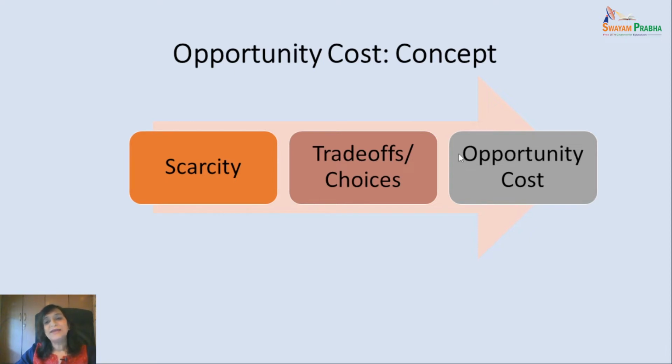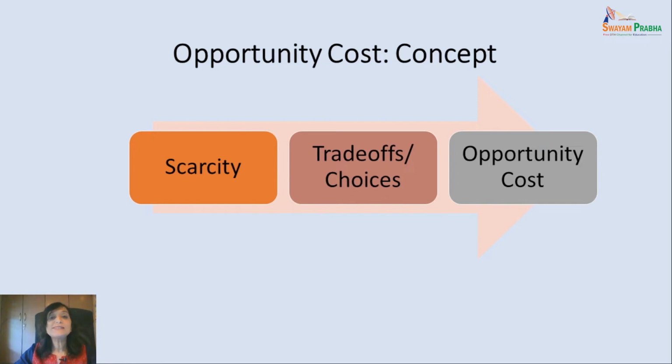My dear friends, this term may be giving you some idea. Opportunity and cost. Opportunity is what? You have chosen one over another. Because you have chosen one over another, you have lost the opportunity to utilize or to get satisfaction by consumption of that particular good or service.